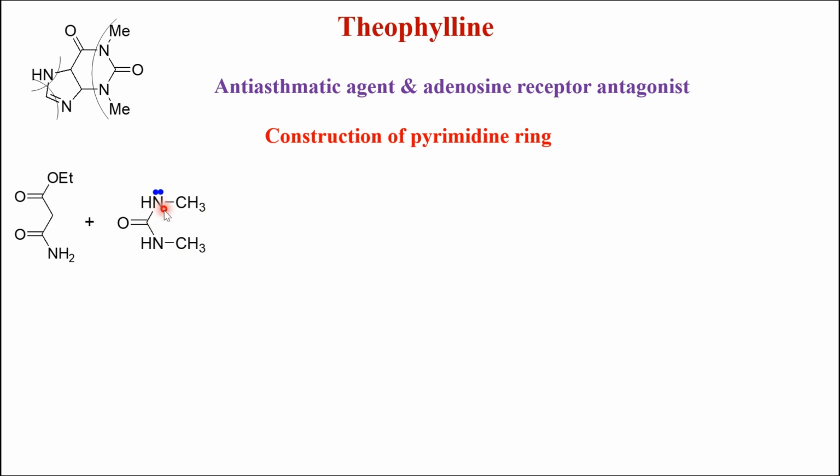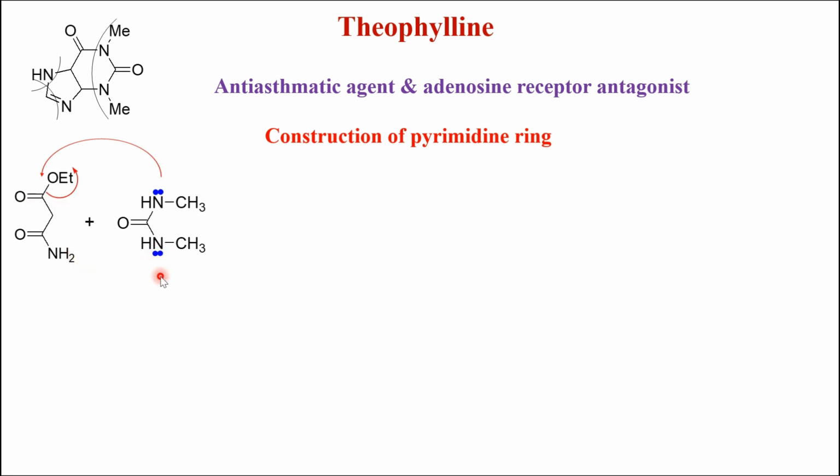The lone pair of electrons on the nitrogen of this dimethylurea attacks the carbonyl carbon over here, and the ethoxy group gets kicked off.